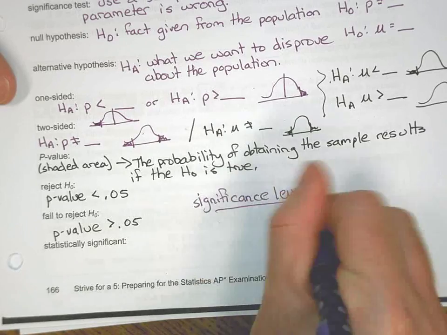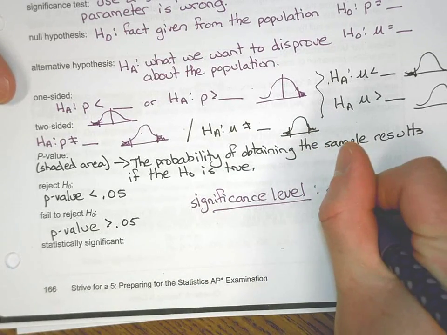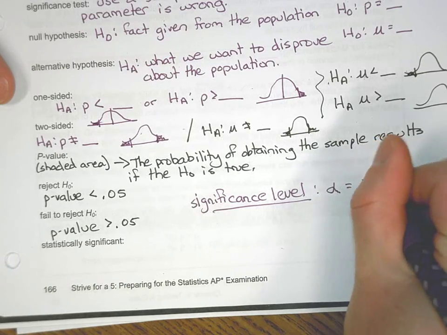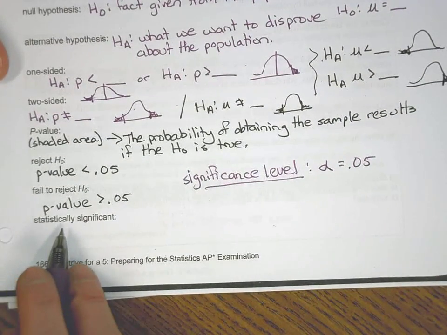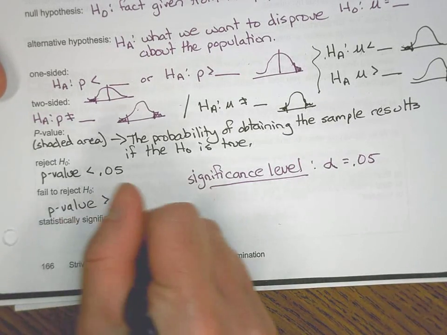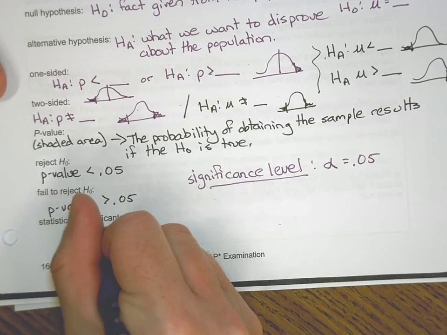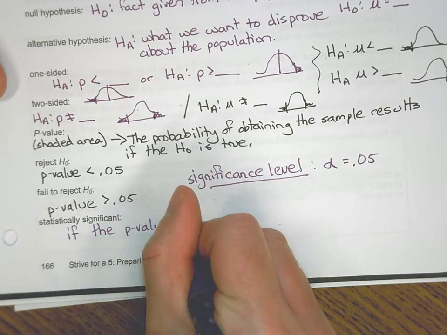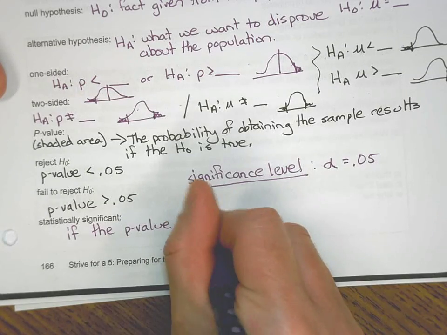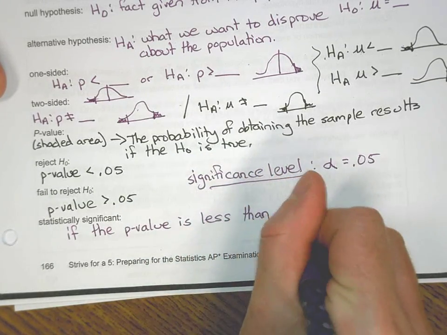It's given yet another symbol, alpha, a Greek letter, equal to 0.05. Result: your sample is statistically significant if the p-value is less than 0.05.